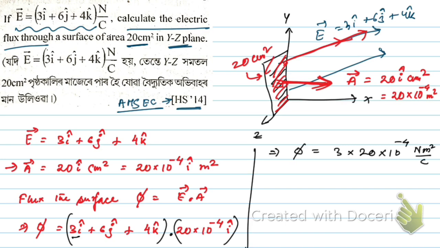That is nothing but 6 into 10 to the power minus 3 Newton meter square per coulomb. So this is the answer.